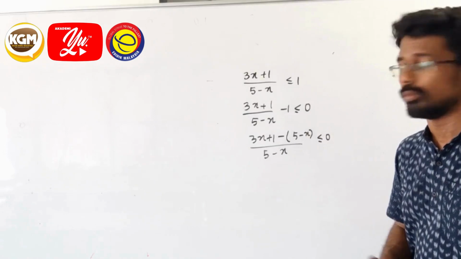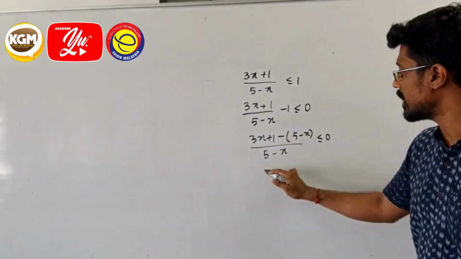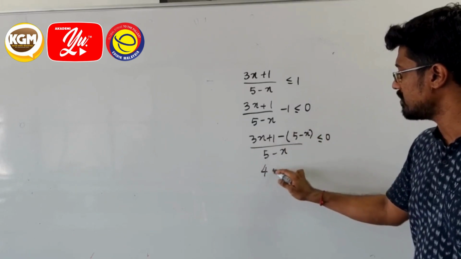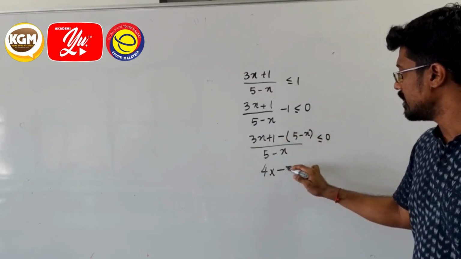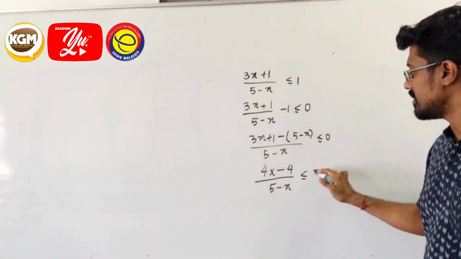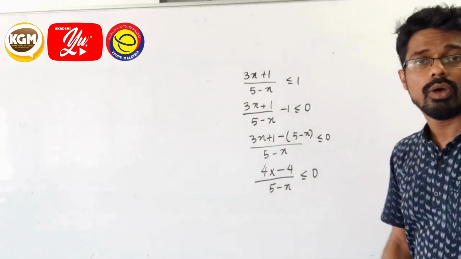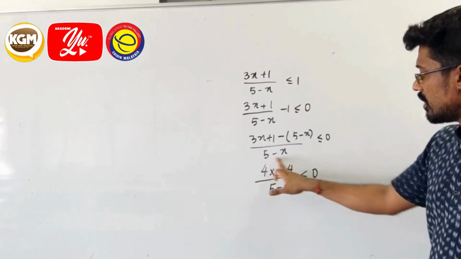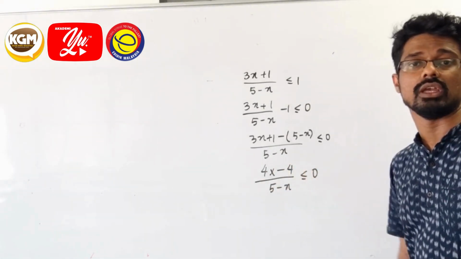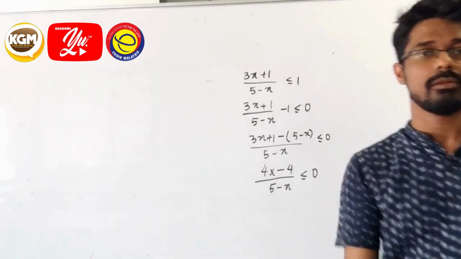When I open the bracket, this one becomes plus x, so I get 4x minus 4 over 5 minus x, less than or equal to 0. Now I've got something nice, a ratio inequality, and I can solve it using the table of sign.